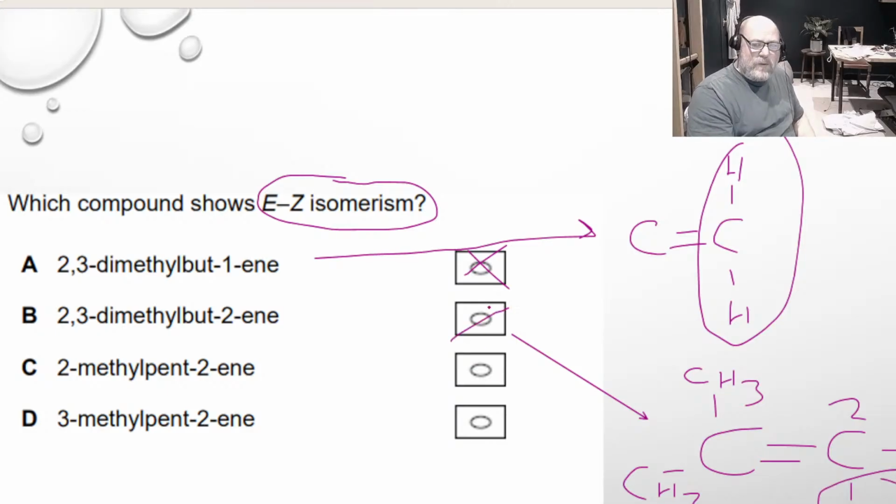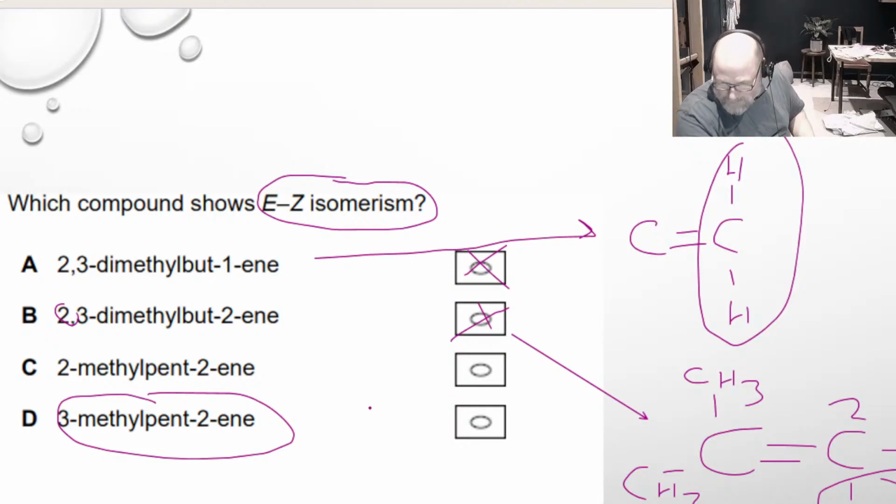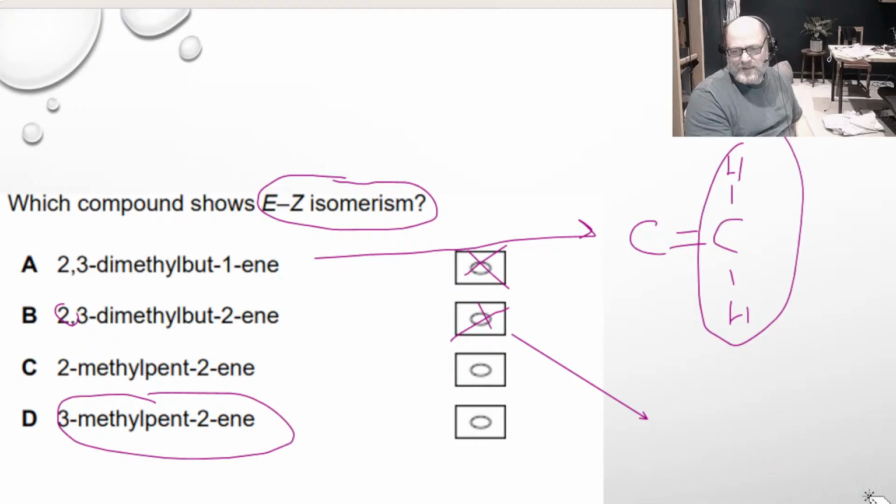But anyhow, normally when you've got so many things like 2-ene and you've got 2 used here, that doesn't look good. I like the look of this one maybe the best. What do we think? I like the look of 3-methylpent-2-ene, and the reason being the double bond and the side group are on different carbons. That doesn't mean it's immediately certain, but I'm preferring that as a look.